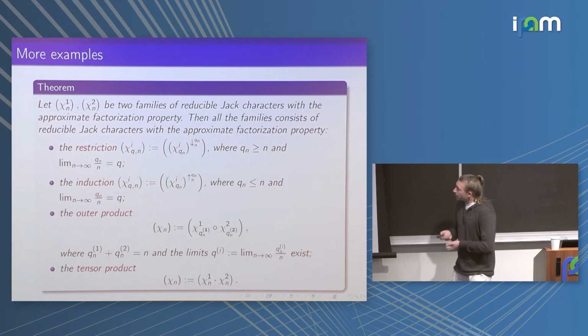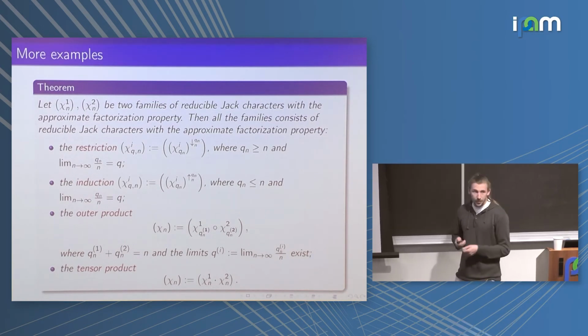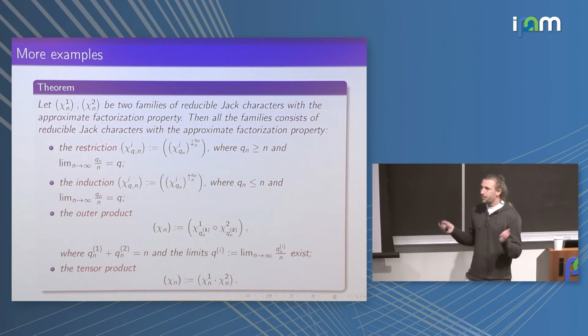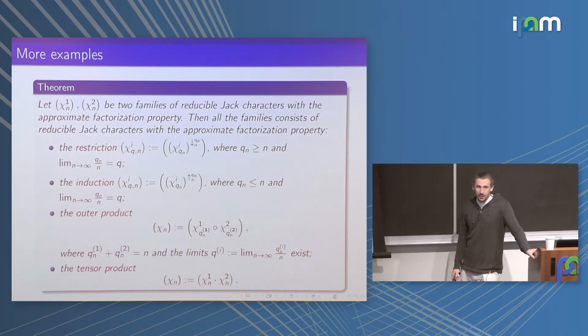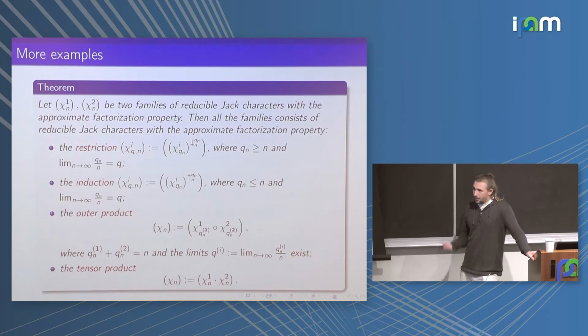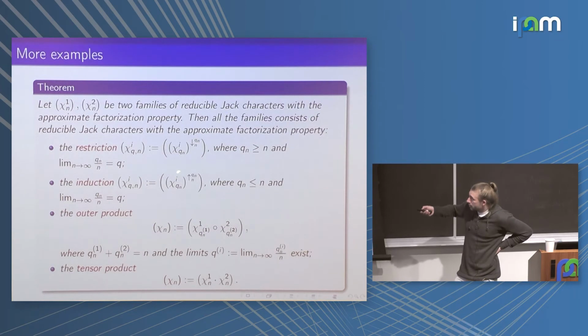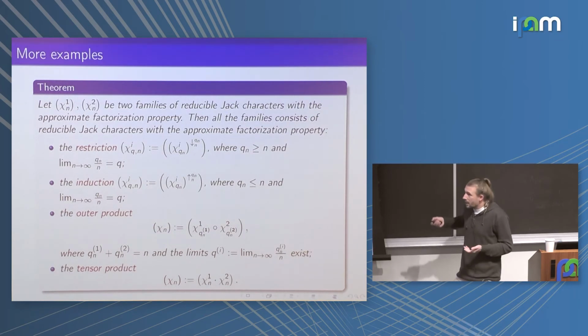And there is also one more theorem which tells you that you can produce more examples if you already have some. This theorem says that all the classical constructions coming from representation theory, you can mimic in the symmetric function world, and then you can construct new characters.